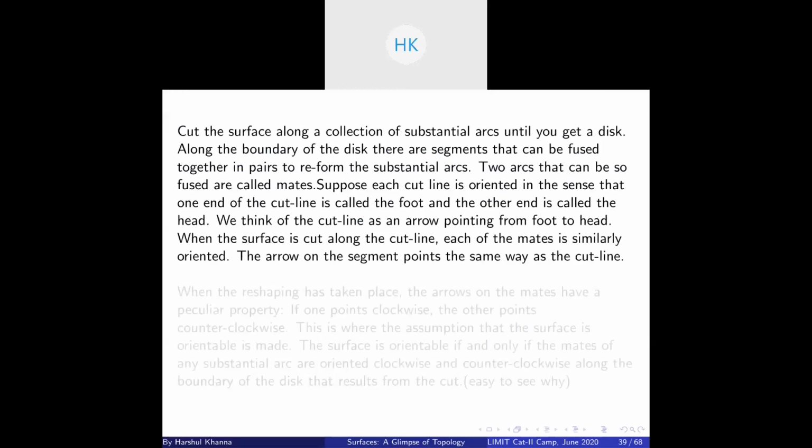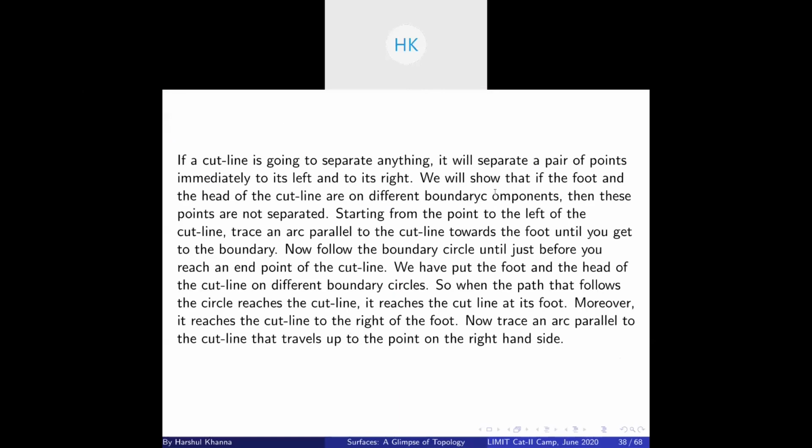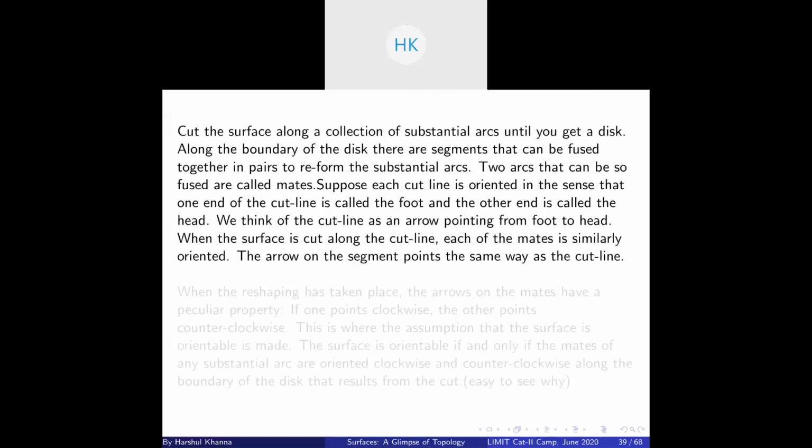So what we do is cut the surface along a collection of substantial arcs until you get a disk. So whenever you have a surface which has a different number of boundary components, it has a rank k, then you cut along all the substantial arcs and you get a disk.